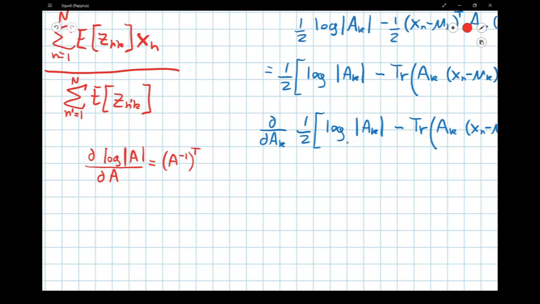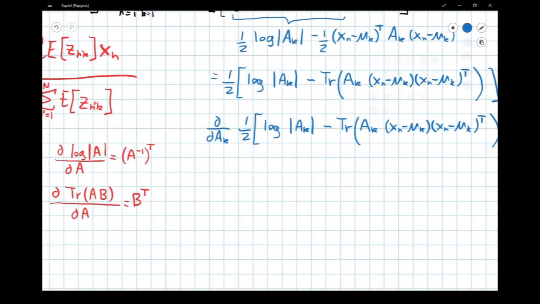So we're going to use that to tackle this part here. And we also have the property that if we have the trace of some matrix A multiplied by another matrix B, and we take the derivative of that with respect to A, then what we're left with is B transposed.